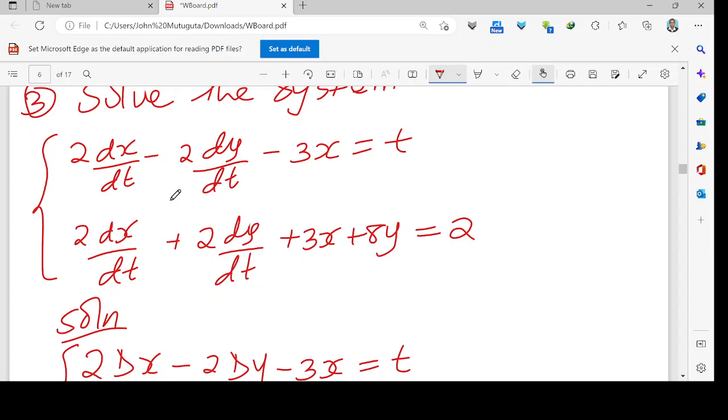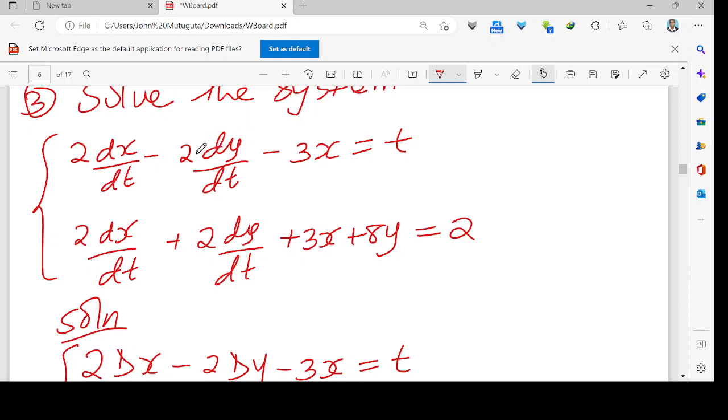But notice that if you look at these two equations, if we add them term by term, we add this term to this one, this to this, and this to this, we shall get 4 dx dt.